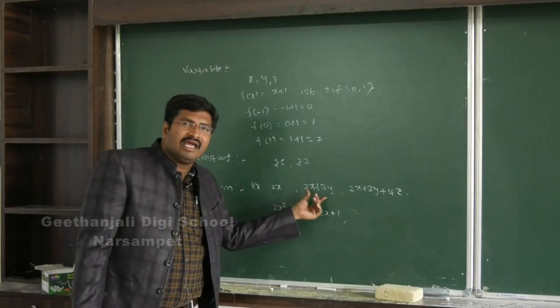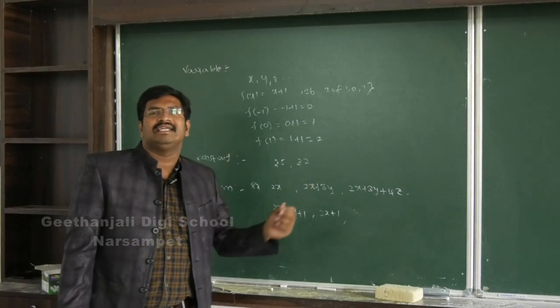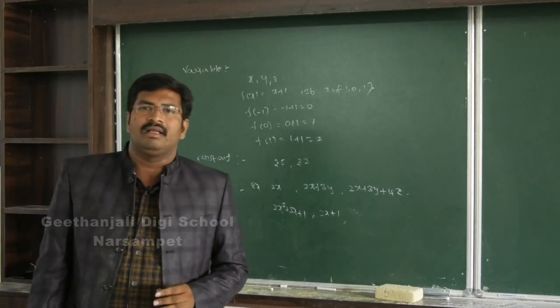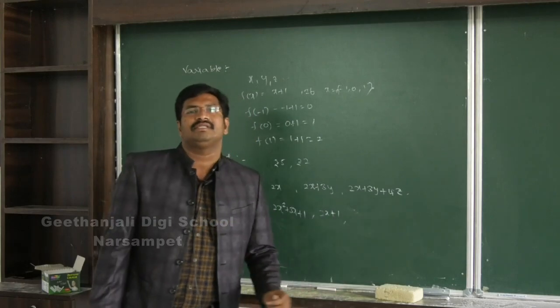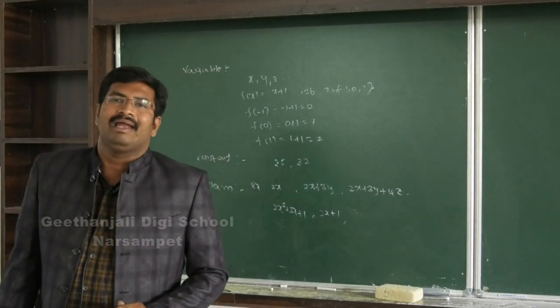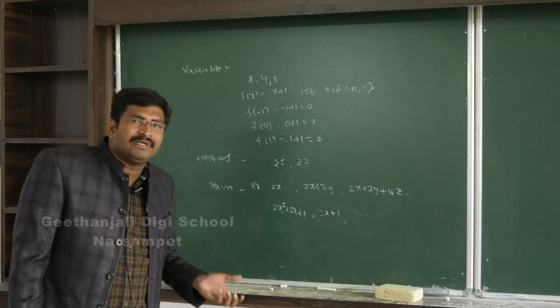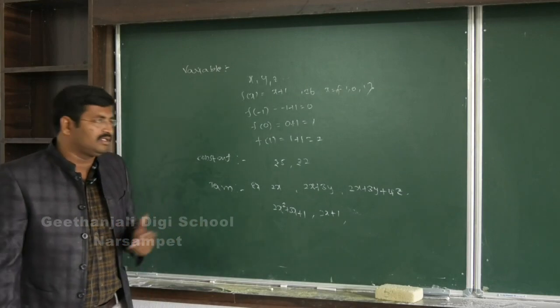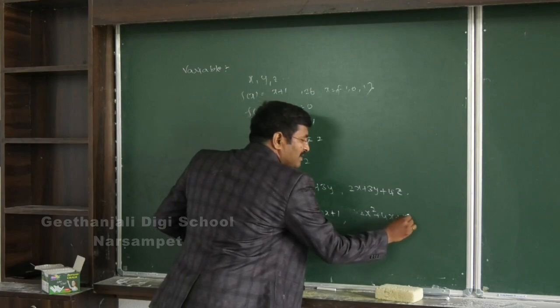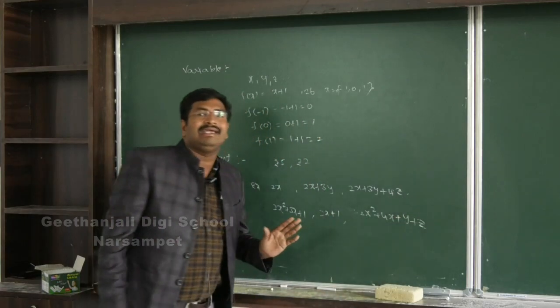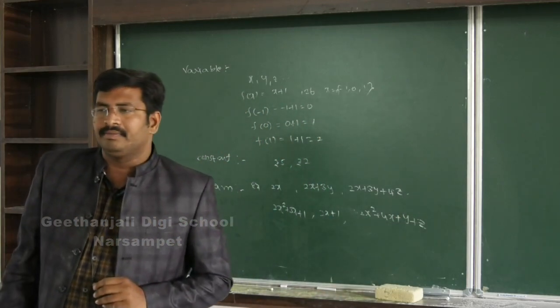If the expression has 2 terms, it is called a binomial. The expression having 3 terms is called a trinomial. If the expression has more than 3 terms, for example 3x square plus 4x plus y plus z, it is called a multinomial.